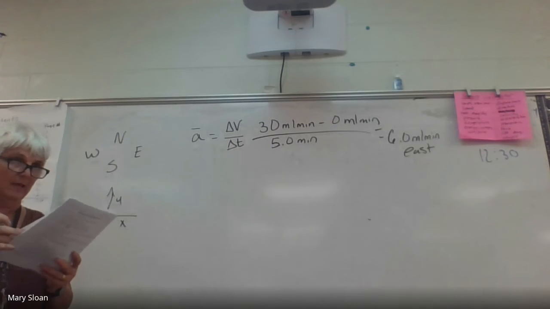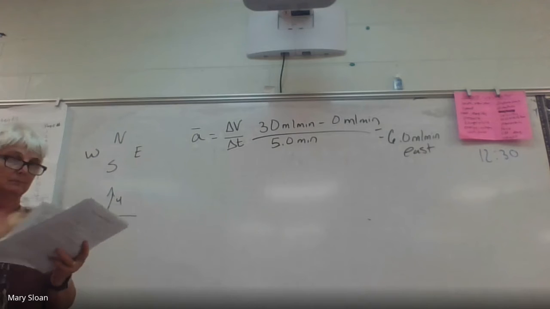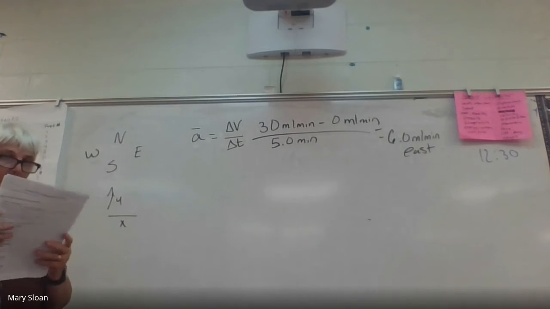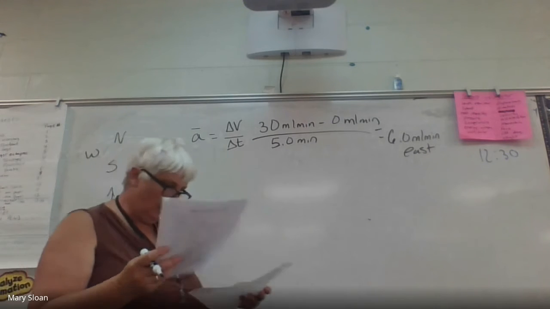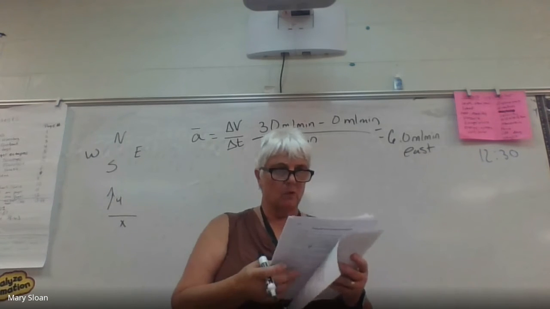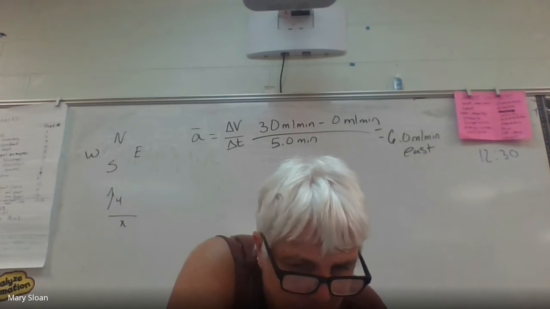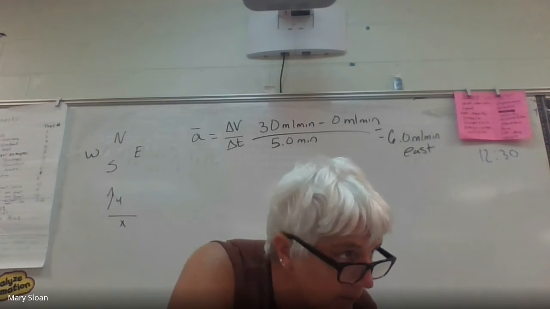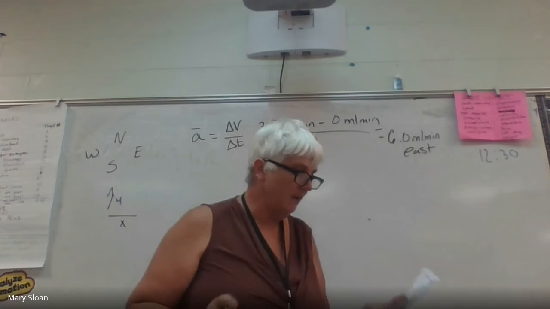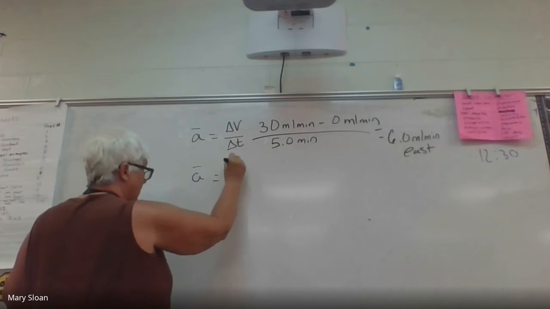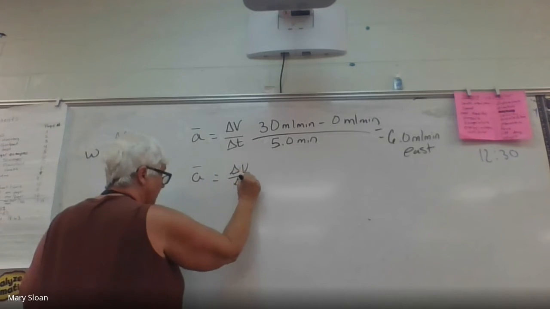All right, are you ready for B? So what are we doing here for B? We're saying that between 5 and 10 minutes, right? Okay. So we're doing our acceleration again, change in velocity over change in time.